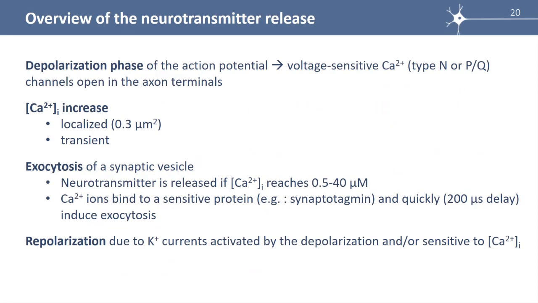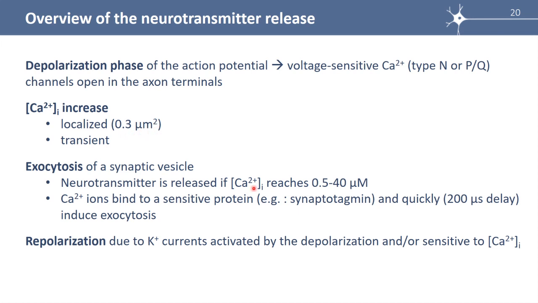In summary, let's look at some quantitative data. The depolarizing phase of the sodium action potential opens voltage-sensitive calcium channels present in the axon terminals. As a result, calcium enters the presynaptic terminal. This entry is very localized. Here you see 0.3 square micrometer.